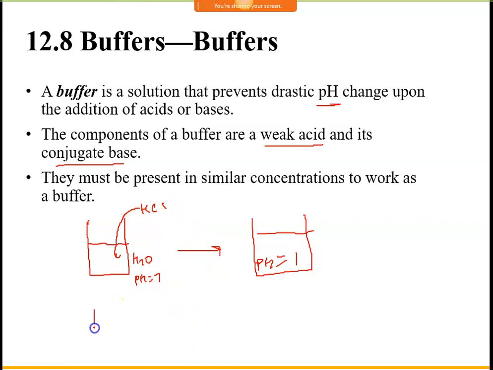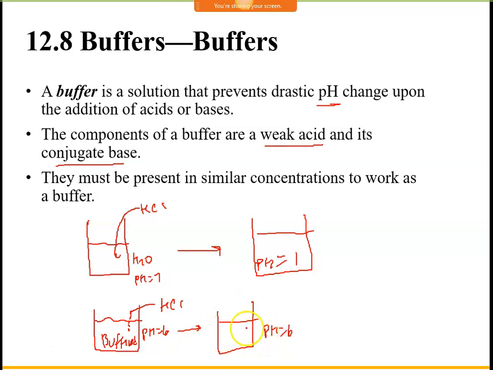Let's say now I have a buffered solution. Let's say this is at a pH of 6 with our buffer in it, and I drip in a few drops of my hydrochloric acid, it stays at a pH of 6. It doesn't change because I have the buffer in there. The buffer, in a way, cancels out any additional acid being added.